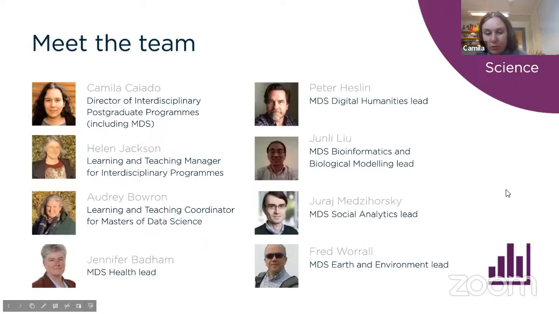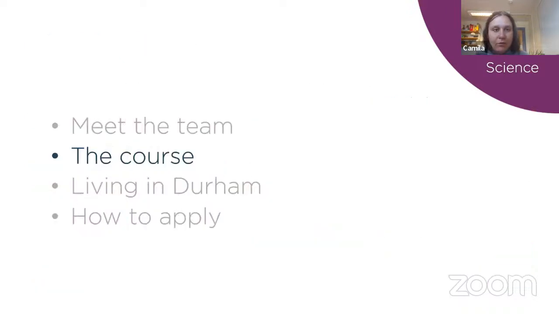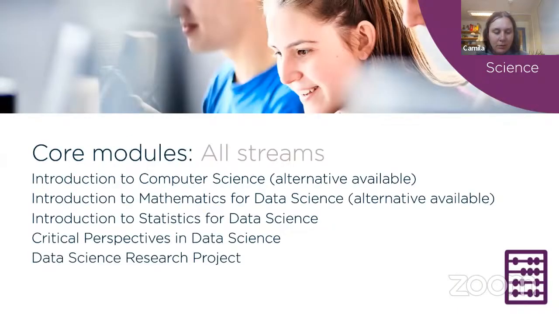So if we move to talk about the course in more detail, Catherine, if you move to the next slide, please. In the beginning, I said that the Master of Data Science is primarily targeted as a conversion course. So if you come with no maths or computer science as part of your background, you'd be expected to take all the modules outlined in this slide.